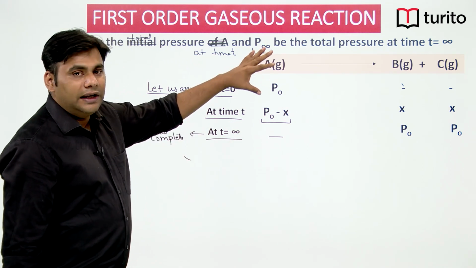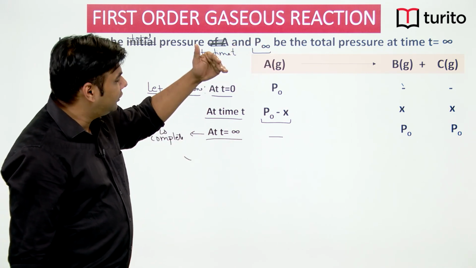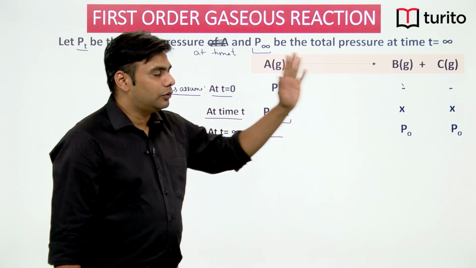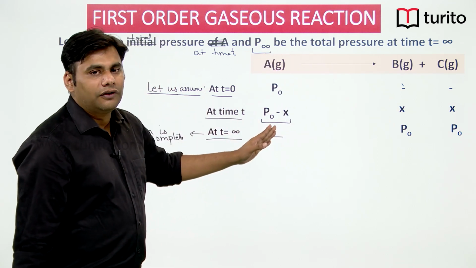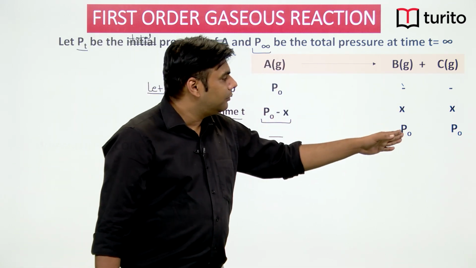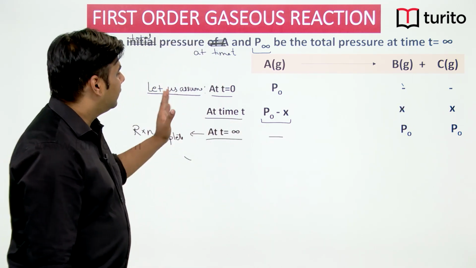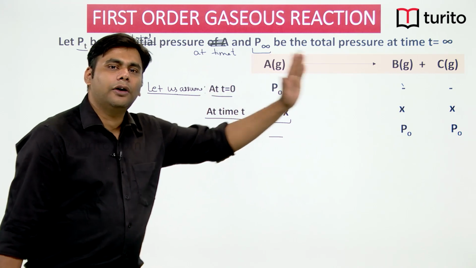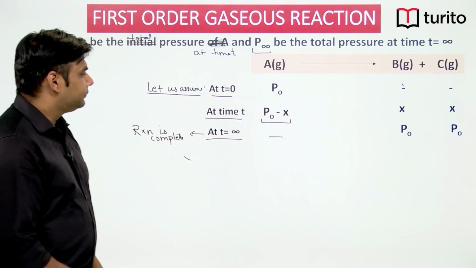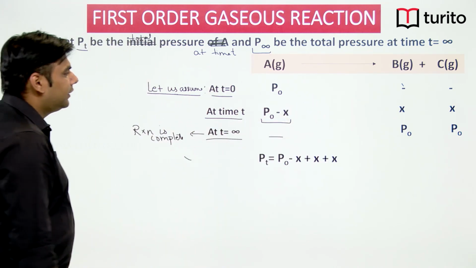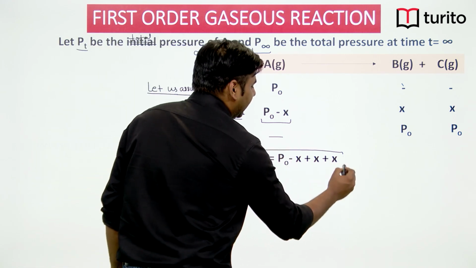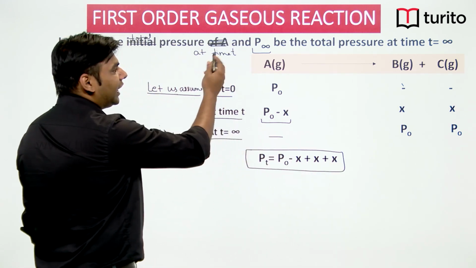So when the entire A has been exhausted, the P naught pressure of A has reacted, and that would form P naught pressure of B and P naught pressure of C. This we can write through our idea of stoichiometry. Now we know Pt, what is Pt? Pt was the total pressure after time t.